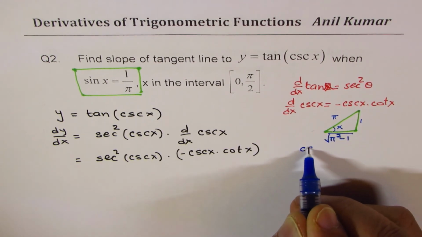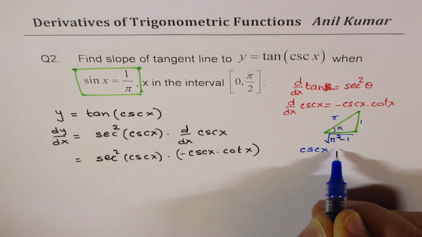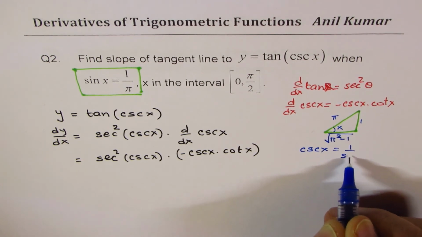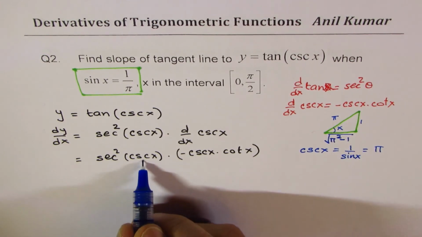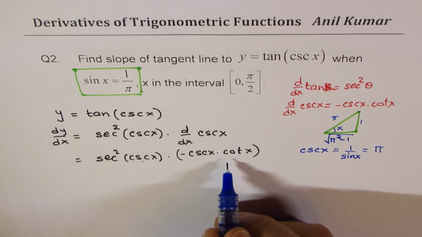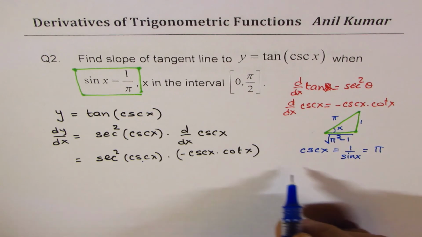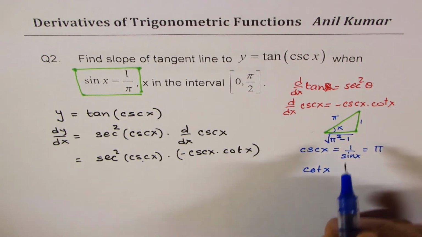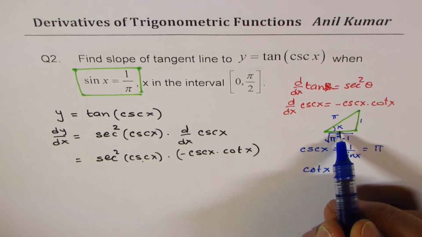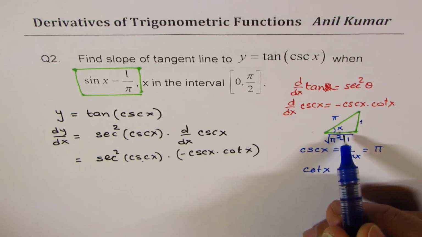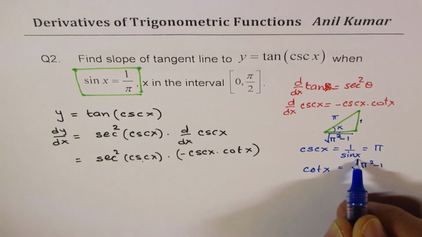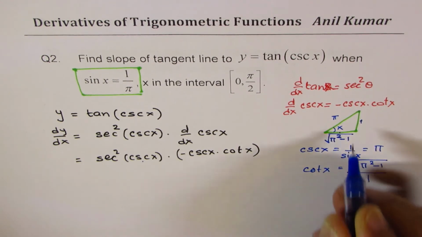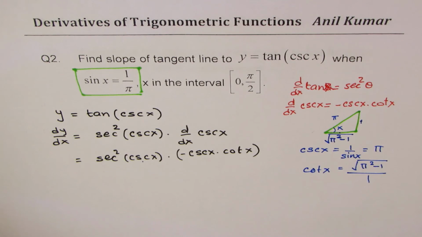Cosecant x is the reciprocal of sin x. Simple. So that is pi for us. Now, what is cotangent x? Cot x is adjacent over opposite side, which is square root of pi square minus 1 divided by 1, correct? Is that clear to you? So that is cot x.